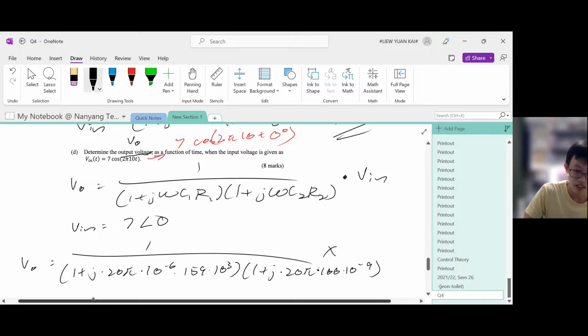Then multiplied by your V in, which is 7 at an angle of 0.